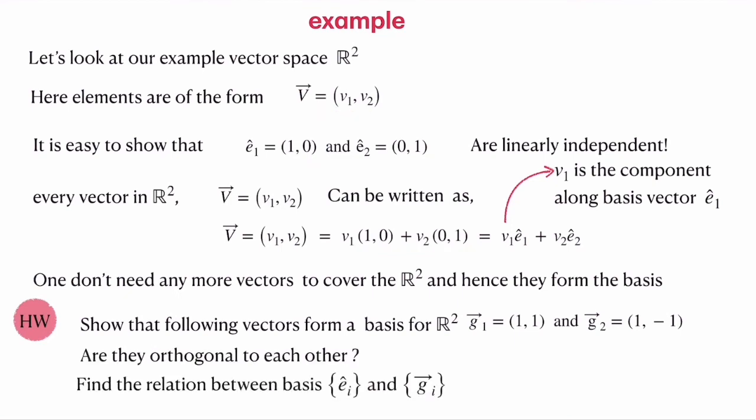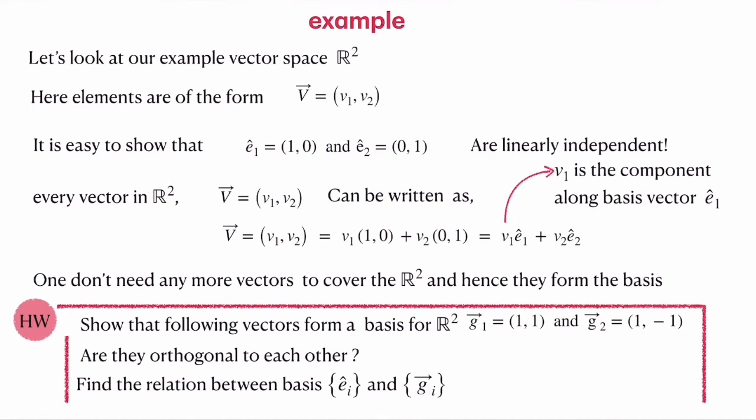Given two bases, there exists a unique relation between them. So now we have two bases, E_i and G_i, and you have to establish a relation between them. This is part of the homework. You can write it along with your notes, which you will have to submit, and I will look into it.